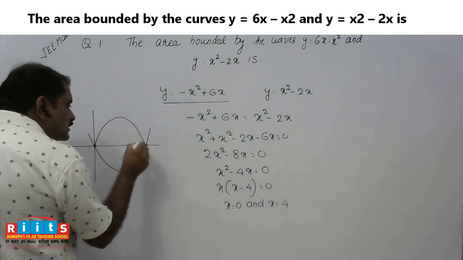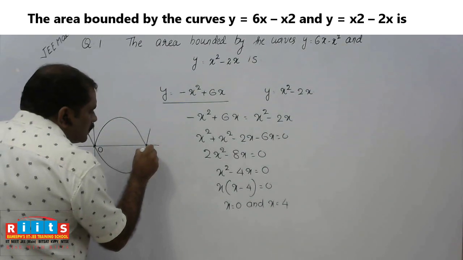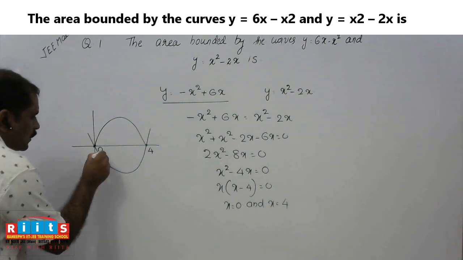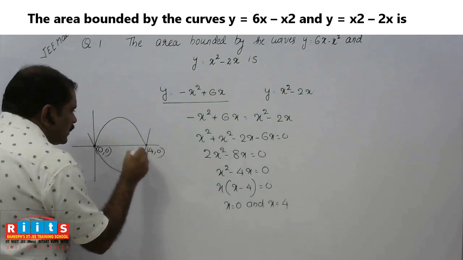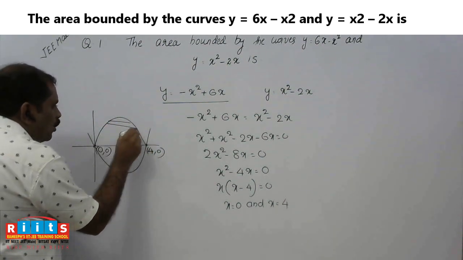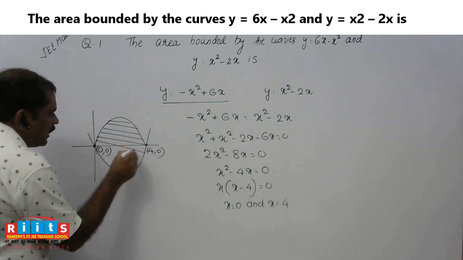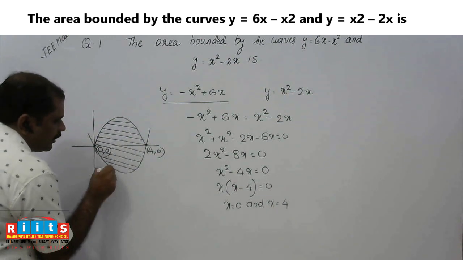Both curves meet at common points 0 and 4, that is, 0, 0 and 4, 0. This is a bounded region. The shaded region is a representation of the bounded region. So that is the required area.